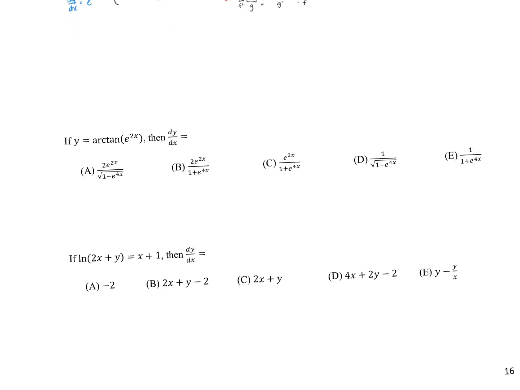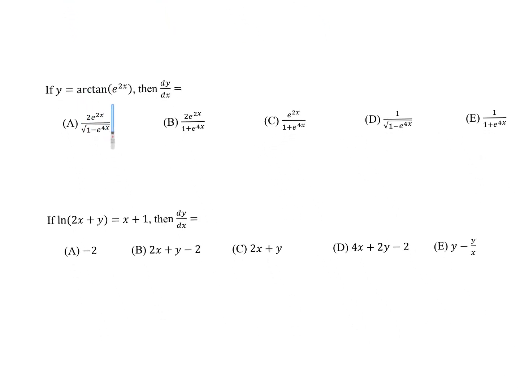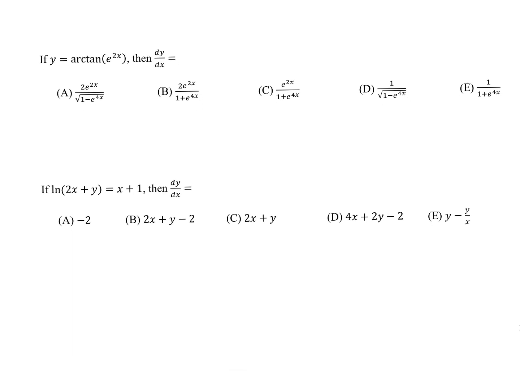So again, all I want to do today is just practice these processes, you guys. We've got the derivative of arctan of e to the 2x. Some people, it might help to just rewrite that as inverse tan of e to the 2x. You don't have to.